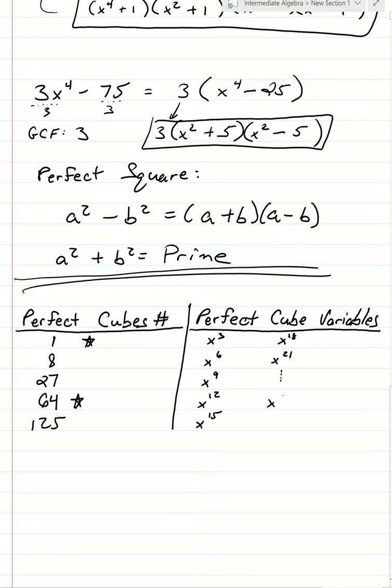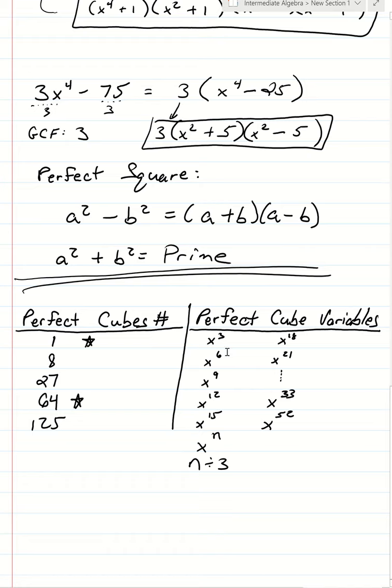I could go with x to the, let's say, 33rd. I could go with x to the 52nd. Okay? These are all examples of perfect cubed variables. Now, x to the n is going to be considered a perfect cubed variable provided n is divisible by 3.